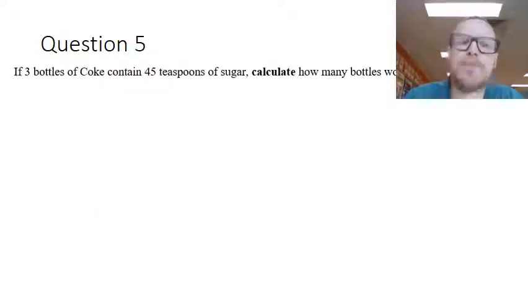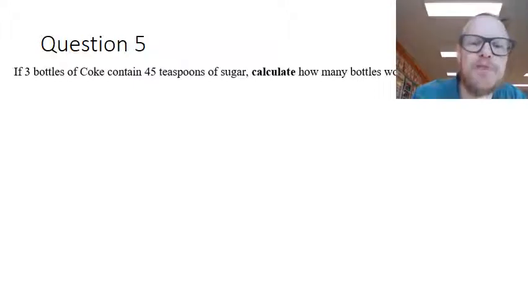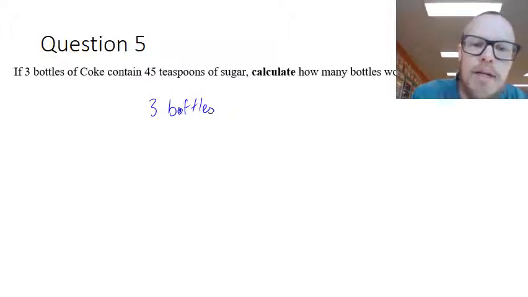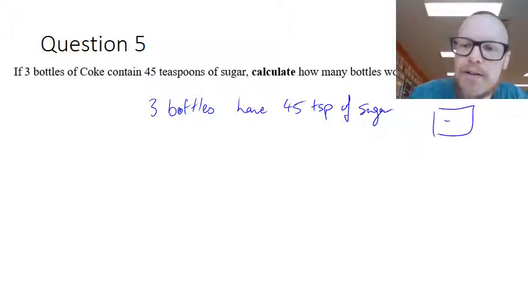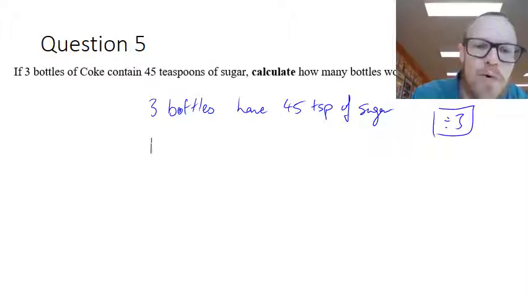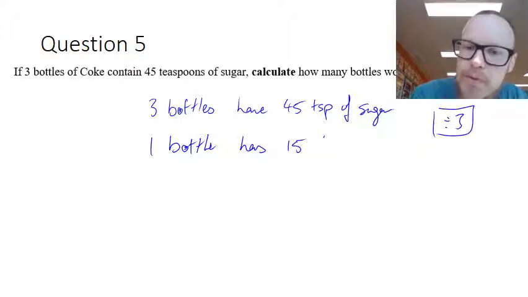Question 5, we've got 3 bottles of Coke with 45 teaspoons of sugar. So that's 3 bottles have 45 teaspoons of sugar. So if I divide both sides by 3, I get 1 bottle has 15 teaspoons of sugar, and then I want to get 150 teaspoons.